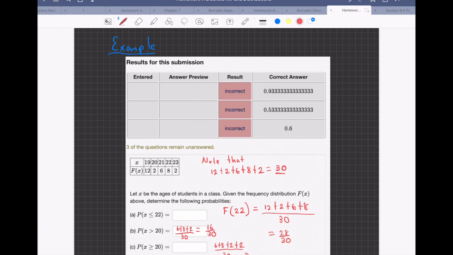And this is going to be 18 divided by 30. And this is the answer. This is part A, part B, and part C. You can verify that these answers are the same as these ones we have here.